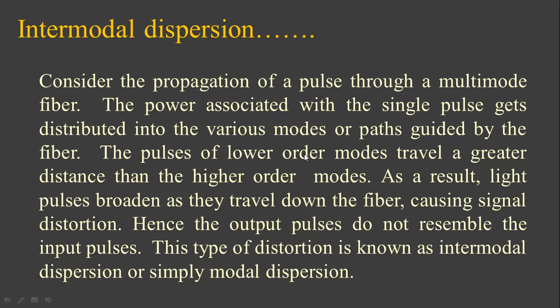The pulses of lower order modes travel a greater distance than the higher order modes. As a result, light pulses broaden as they travel down the fiber, causing signal distortion.